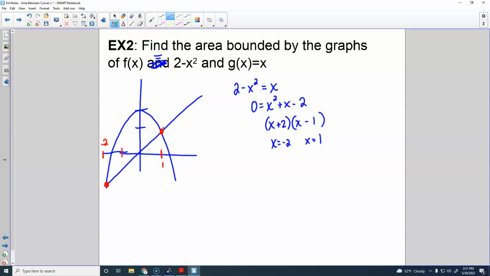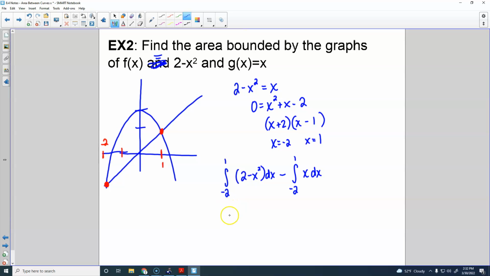Okay, so if we want to integrate this, we would be doing the integral from negative 2 to 1 of the top function. Which one's the top function here? 2 minus x squared, minus the integral from -2 to 1 of the bottom function, which is just x.